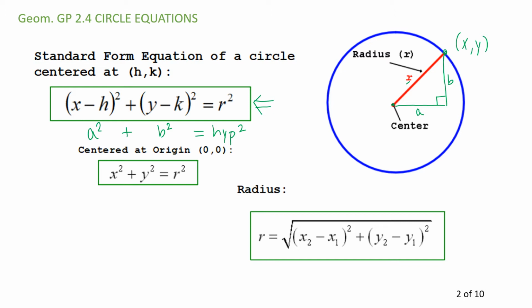So for example, if your radius were here, then you have a and b. If your radius is down here, then you have a and b. So it's all possible combinations of x comma y that are the radius distance from the center.